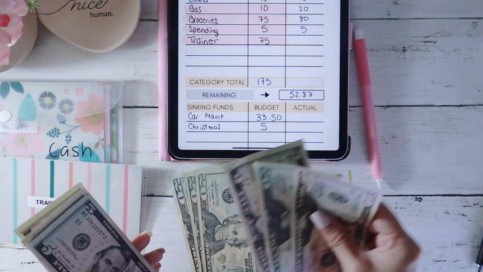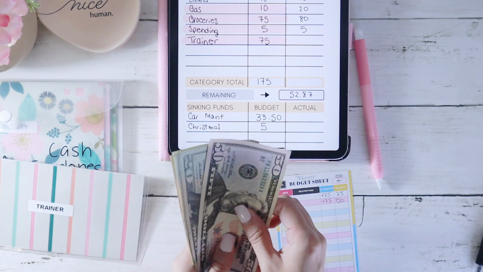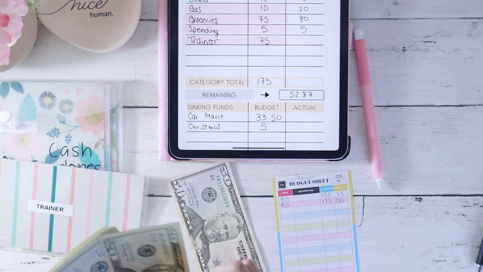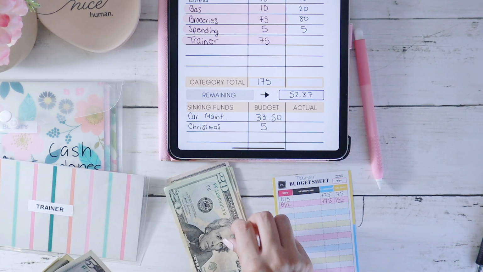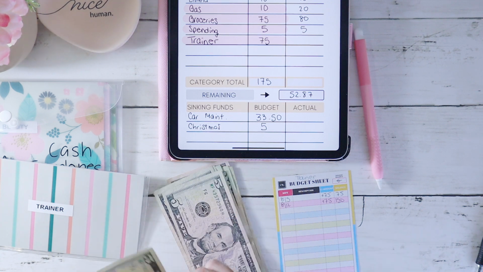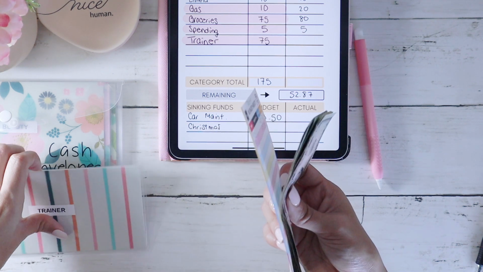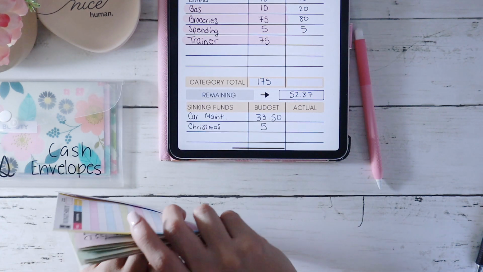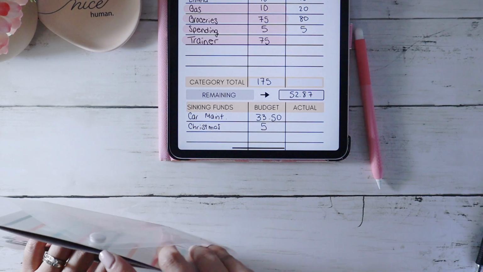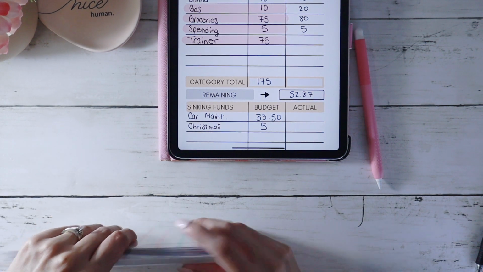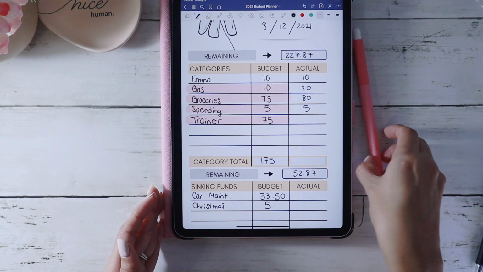So let's organize this. All right, so we have 50, 70, 90, 110, 130, 135, 140, 145, 150. So now he can go ahead and just take this cash and pay the trainer come Monday. And that will be for every 2 weeks. Okay, so he has the 150.